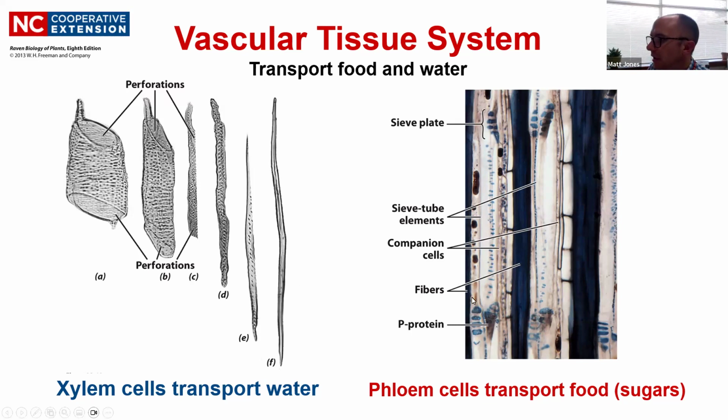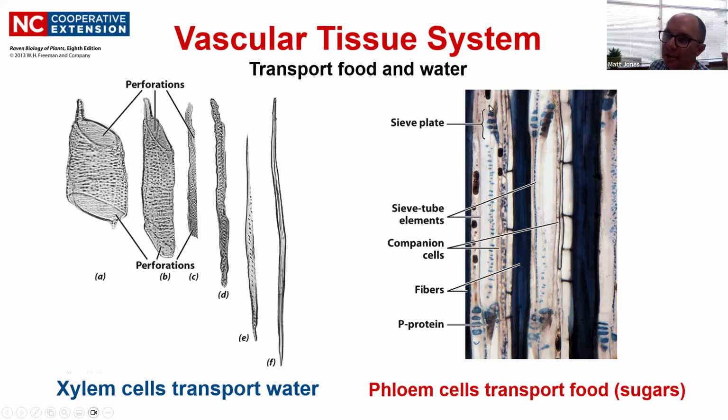The phloem cells, in contrast, are not dead at maturity, but they're so specialized for transporting food that they often have neighboring cells called companion cells that help provide some of the support function for keeping the cells alive. The main phloem cells are called sieve tube elements, and they're so specialized at moving sugars and starches from cell to cell.